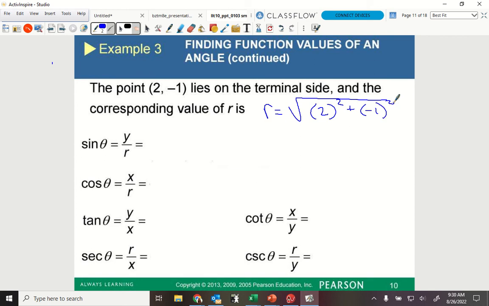Now my r value is not always going to be some pretty number. It's going to give me a radical, isn't it? So doing the math, 2 squared is 4. Negative 1 squared is 1. Add those together, 4 plus 1 is 5. So the square root of 5 is just the square root of 5.